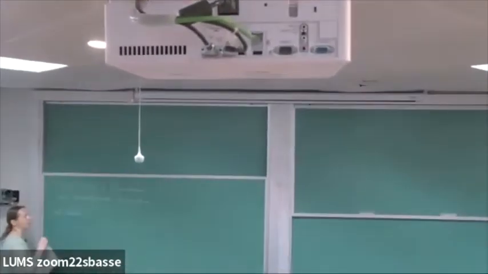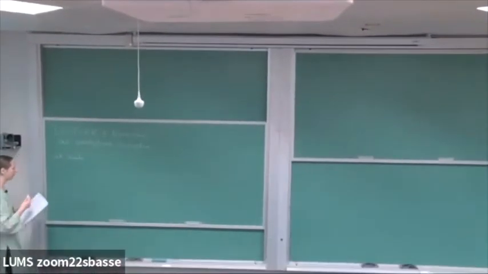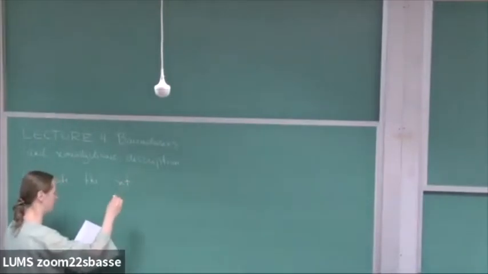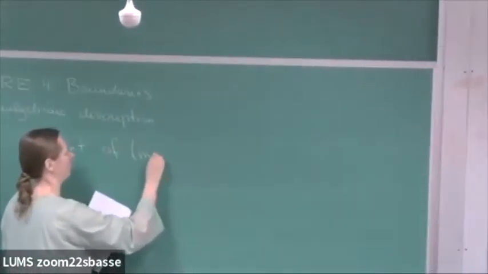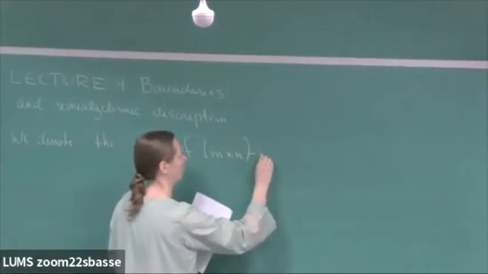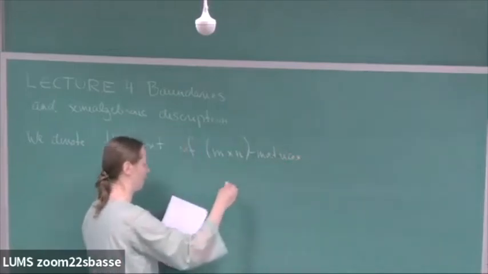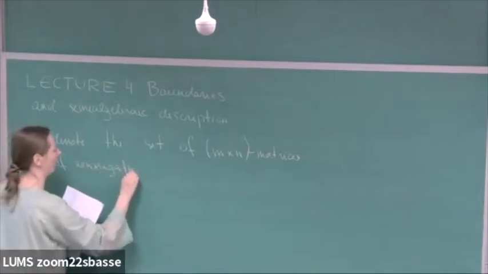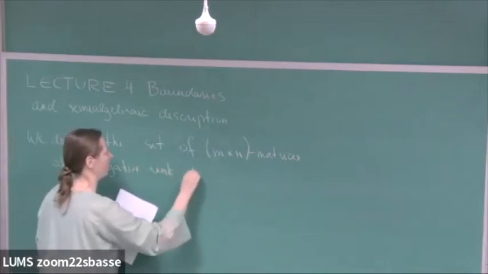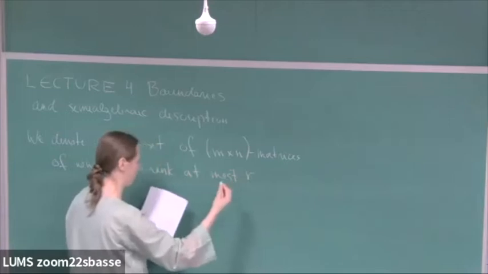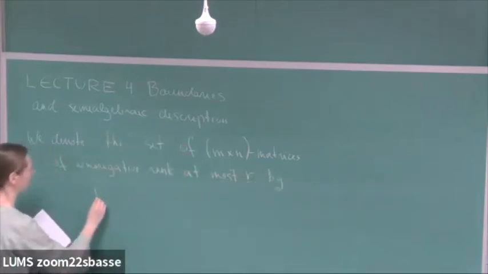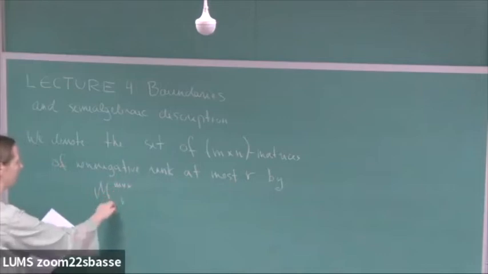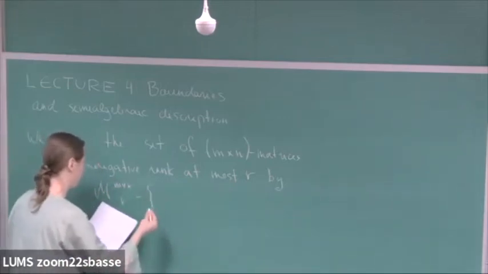We denote the set of m times n matrices of non-negative rank at most r, because this will be the set we are interested in, and we use this calligraphic M notation, M_{m×n}^r, which denotes the non-negative rank.